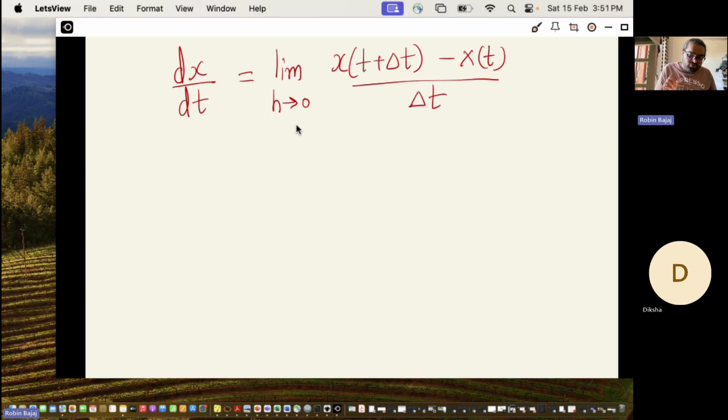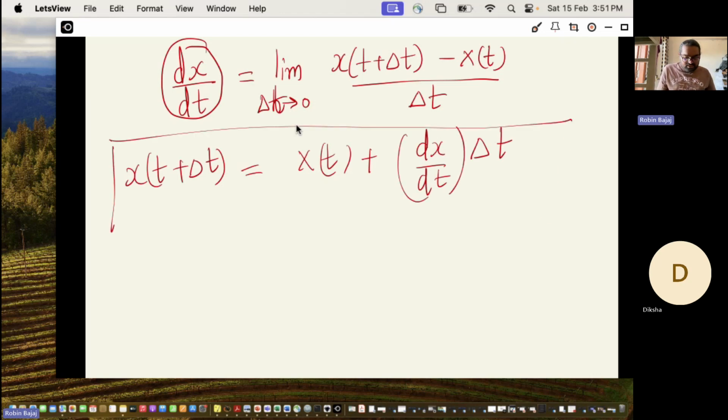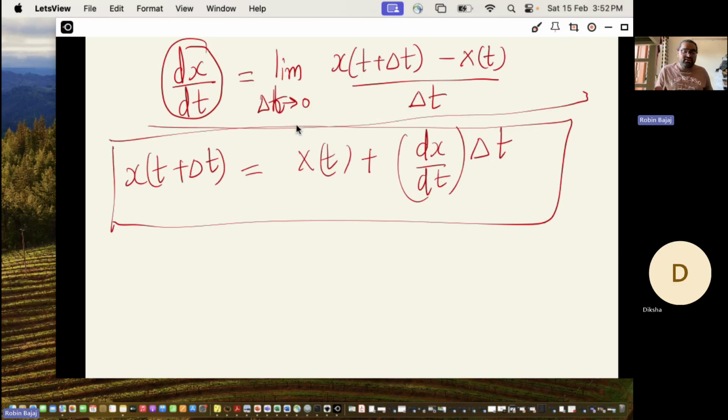Now, if I just remove the limit as of now, then what it would be? x at t plus delta t is nothing but x at t plus dx by dt times delta t. This is nothing but Euler method. So this holds only when your delta t is very small.